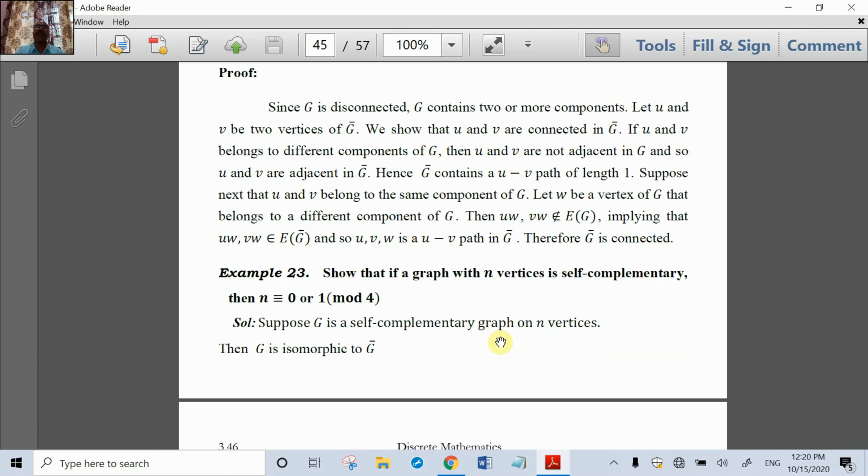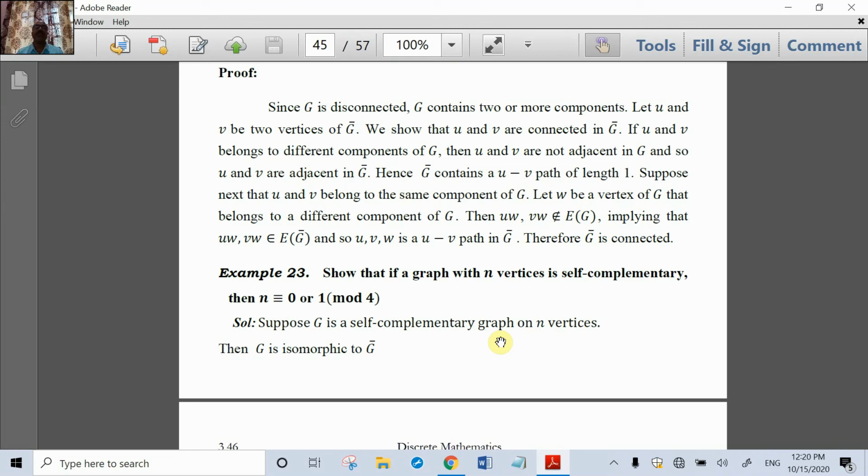Now see the proof. Since G is disconnected, G contains two or more components. Let U and V be two vertices in G bar. We show that U and V are connected in G bar. Let U, V belong to different components of G. Then U and V are not adjacent in G, and so U and V are adjacent in G bar. Hence, G bar contains a UV path of length 1.